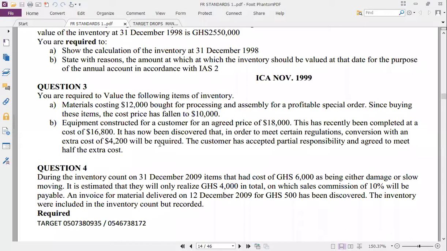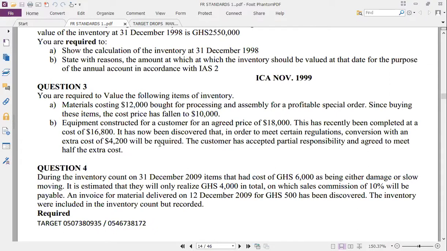Now let's continue the game. It has now been discovered that in order to meet certain regulation, conversion with an extra cost of $4,200 will be required. The customer has accepted partial responsibility and agreed to meet half of the extra cost.